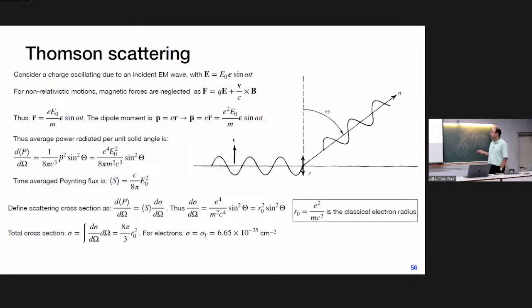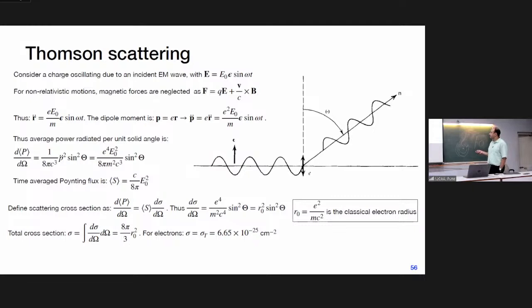So this is the power per unit solid angle, and the Poynting flux is the energy per unit area. Okay. So then if you work out the dimensions, you will find that sigma will have the dimensions of per unit area.